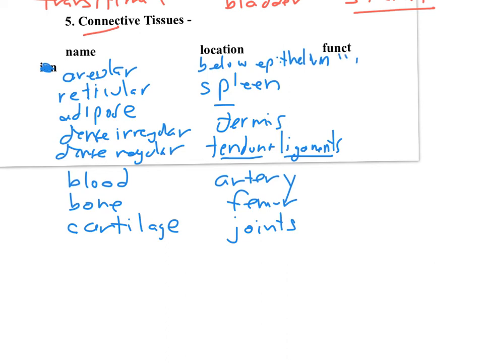Areolar tissue was your body's packing peanuts, kind of a general cushion filler material. Reticular tissue and your spleen both function in immunity and protecting you from infection. Adipose, or fat, stores energy in the form of fat droplets, which your body breaks down for energy.